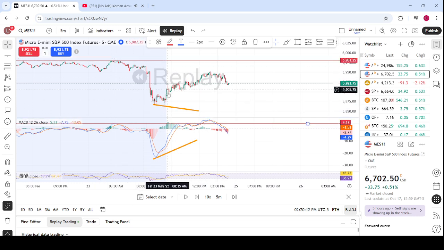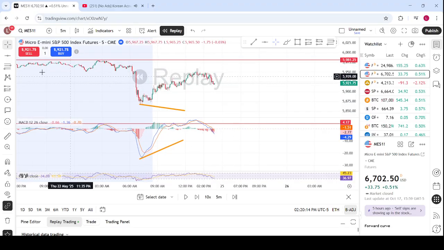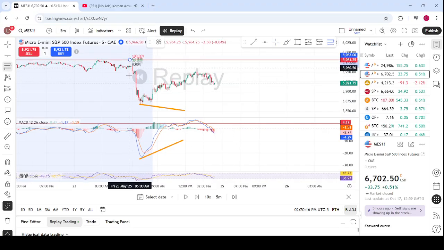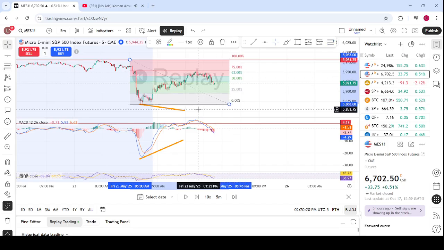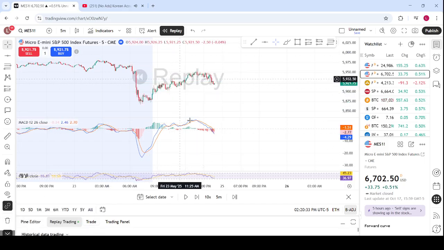Since we're so far away from this line, we were just going to ride it up. We can see how high that is by hitting the 75 right here, so we could have just exited here. Then in the 1 minute, we saw that this point was the exit point. There was a lower high in the MACD. So that was perfect. We'll learn another day.